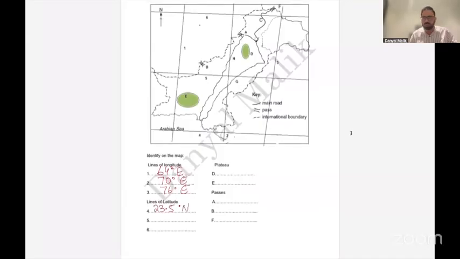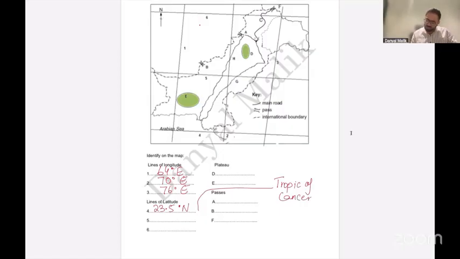If the question says name the line of latitude, you will say 23.5 degrees north. If the question says name the line, then for the naming, this is going to be the Tropic of Cancer.